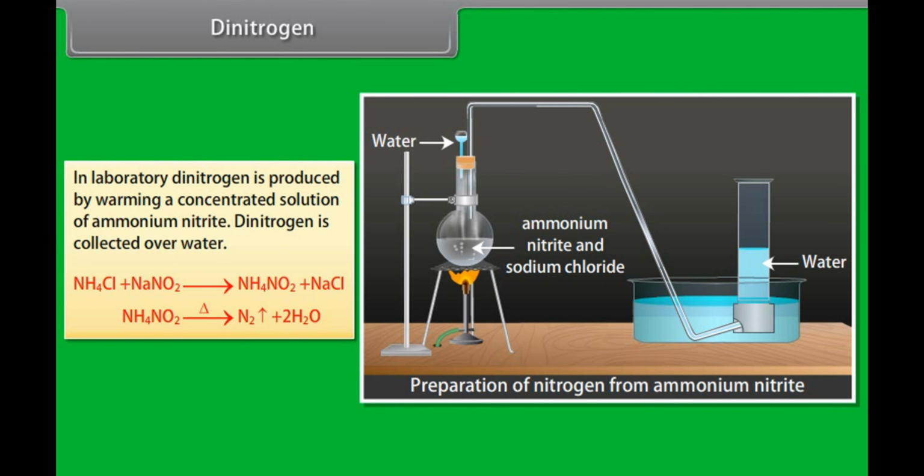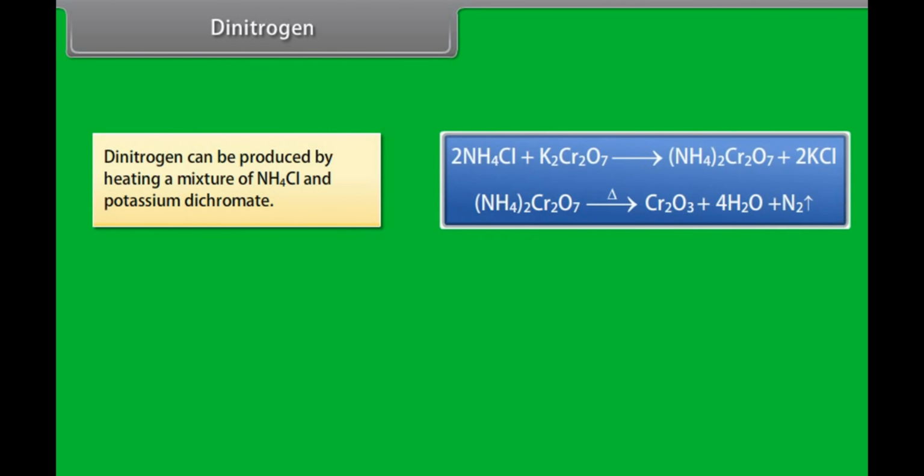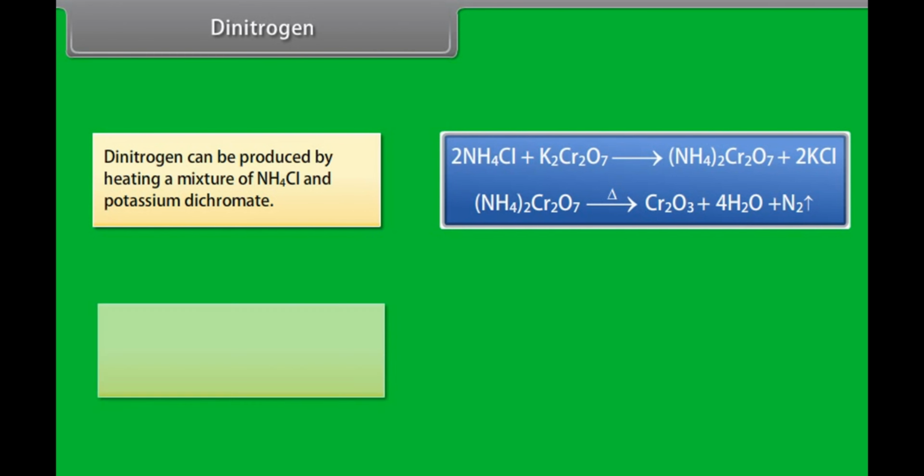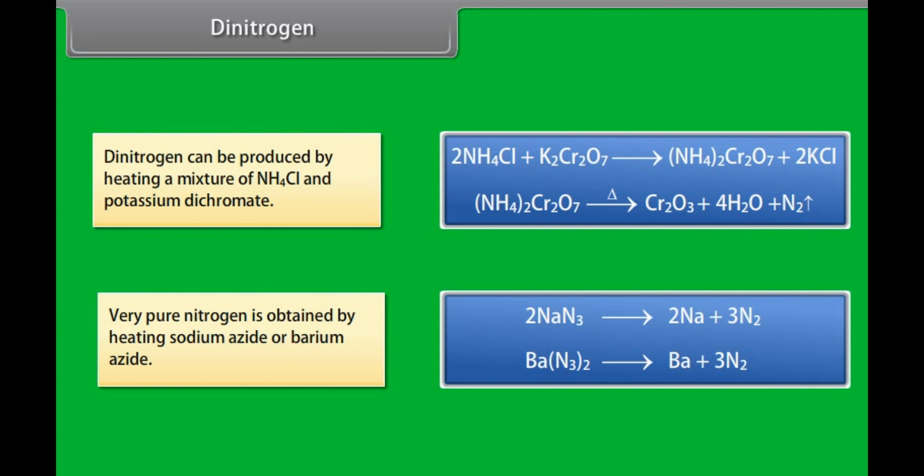Dinitrogen is collected over water. Dinitrogen can be produced by heating a mixture of NH4Cl and potassium dichromate. Very pure nitrogen is obtained by heating sodium azide or barium azide.